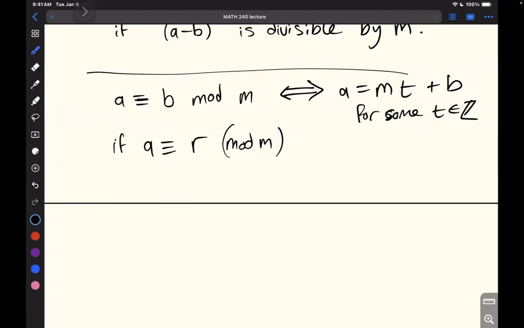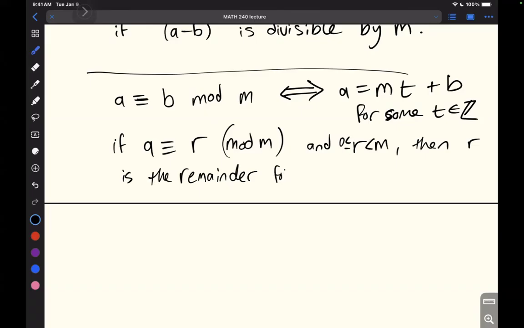So if A is equivalent to R mod M and R is between 0 and M, then we say R is the remainder upon division of A by M. And again, this shouldn't be new to us.